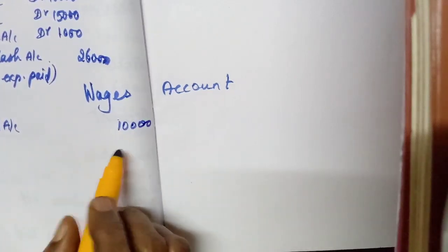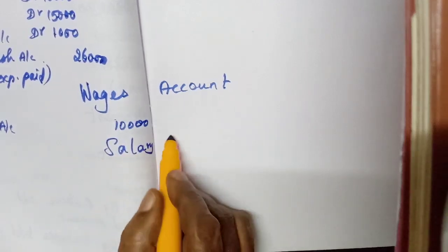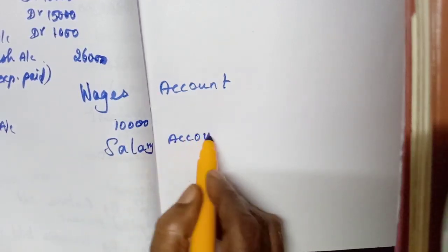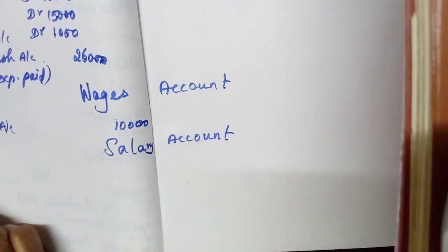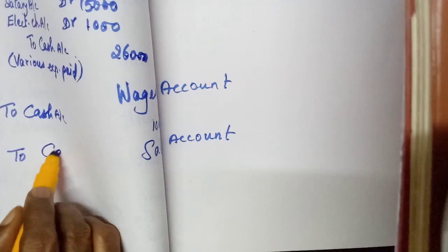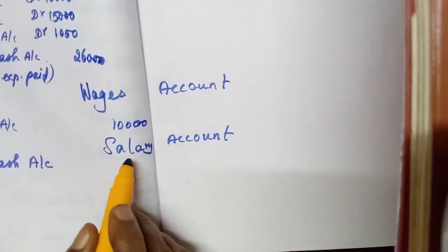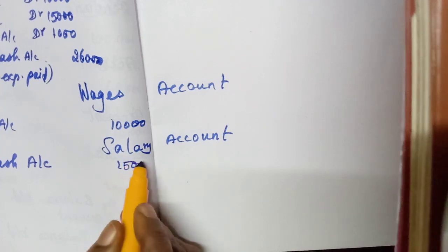The same way, salary account also. Salary account to cash account, amount 15,000.